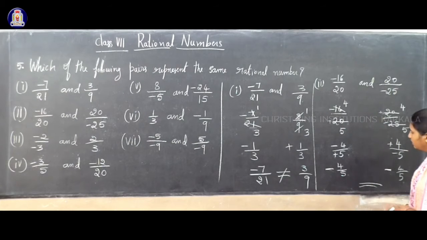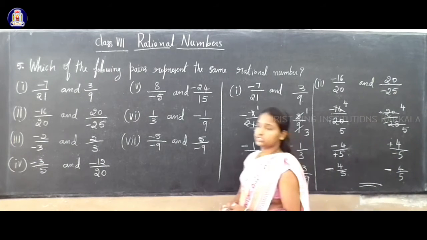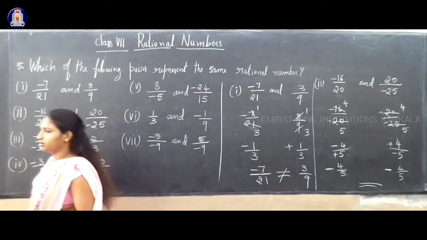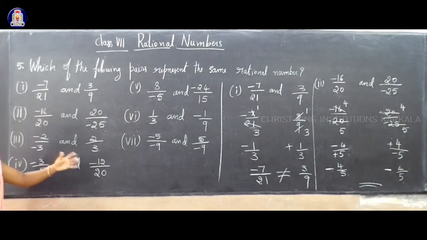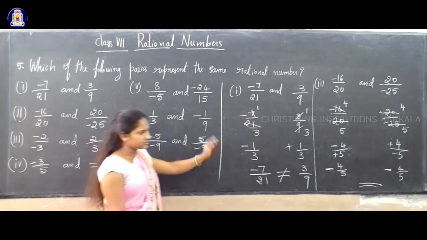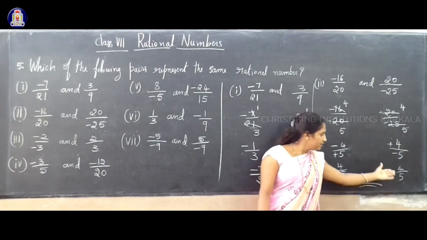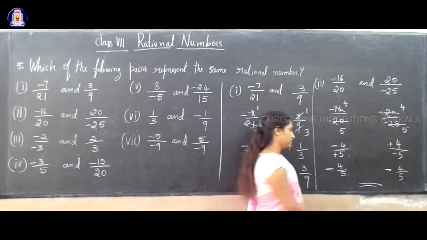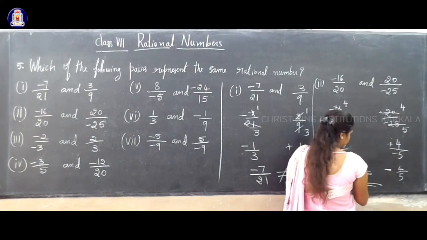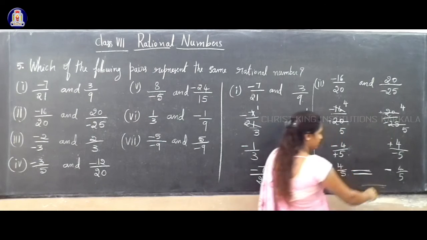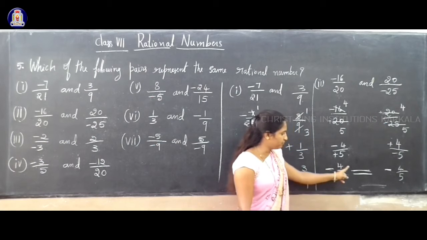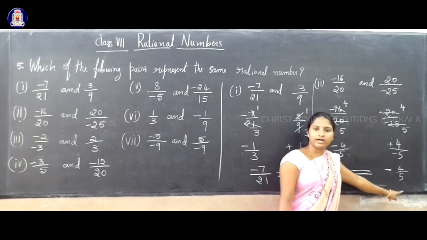So these are the same rational numbers. This second pair of rational numbers are the same, because we got the answer after simplifying the terms. We got minus 4 by 5 and minus 4 by 5. So these two are the same. So we can write equal. They are equal. Minus 4 by 5 is equal to minus 4 by 5.